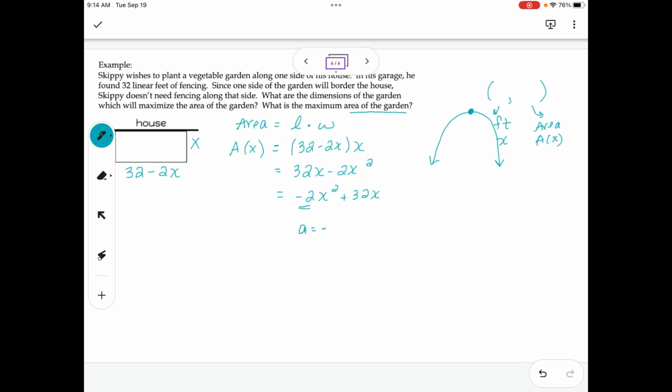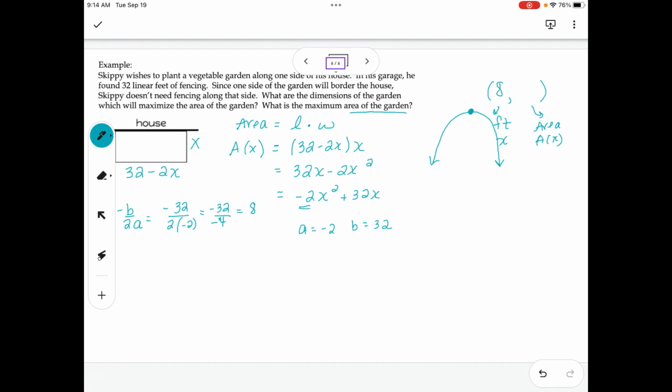Well, now I know a is equal to negative 2 and b is 32. I can use our vertex formula of negative b over 2a. So the opposite of 32 over 2 times our a value of -2 is -32 over -4, which is 8.